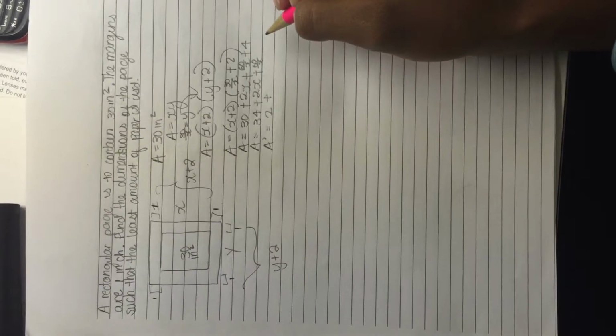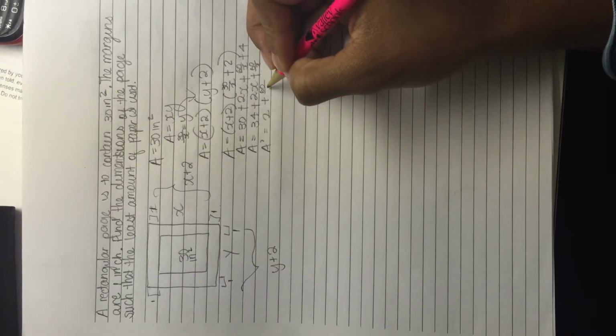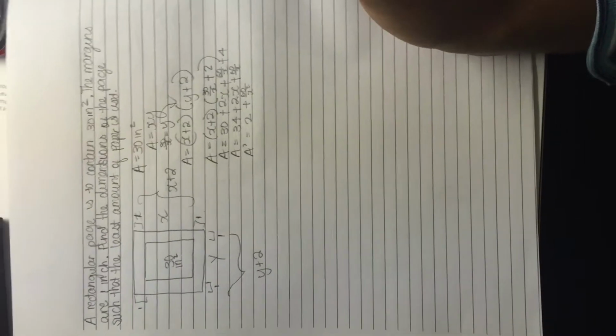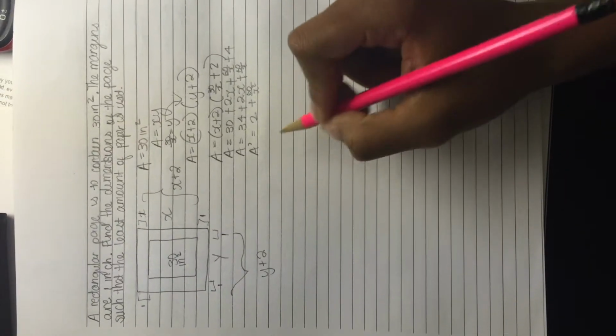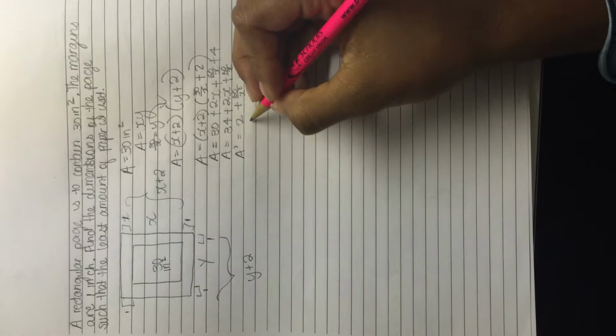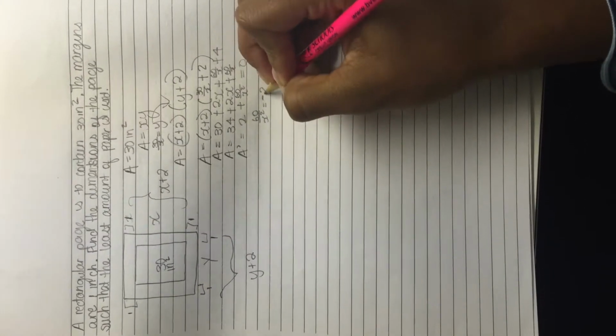So the derivative of A would be equal to 2 plus 60 over x squared. Hmm, actually, it should be 2 minus 60 over x squared. Okay, so now we're going to set this equal to 0 so that we can find the maxes or mins, whatever it may be. So we know that 60 over x squared would be equal to negative 2.